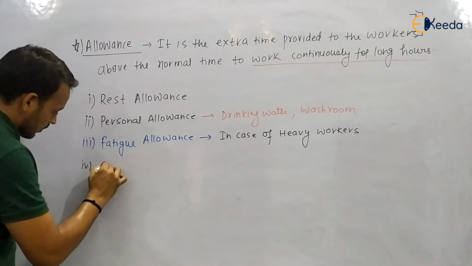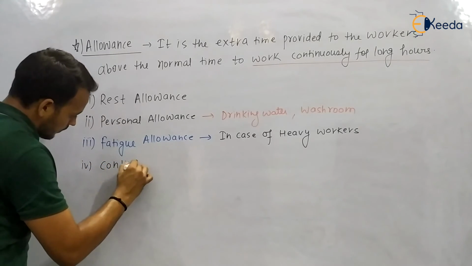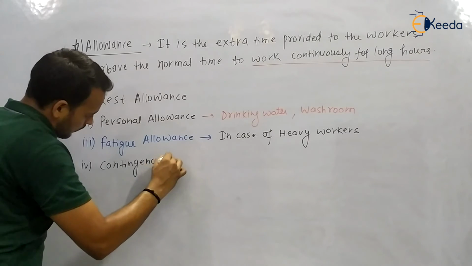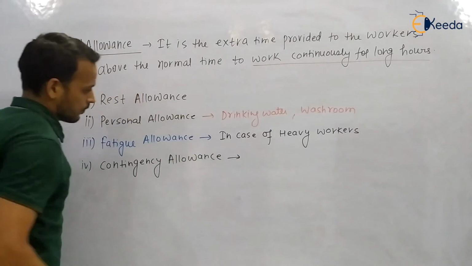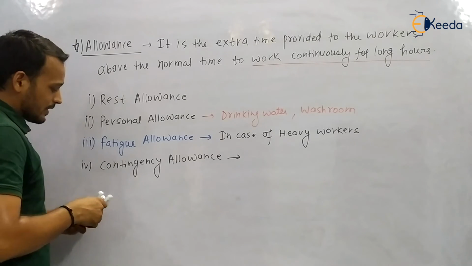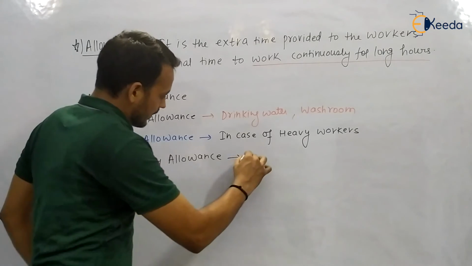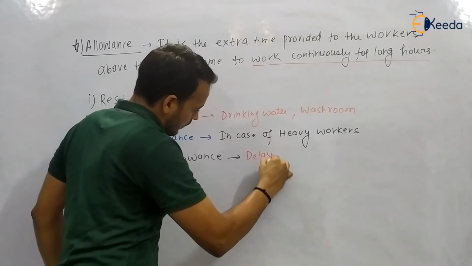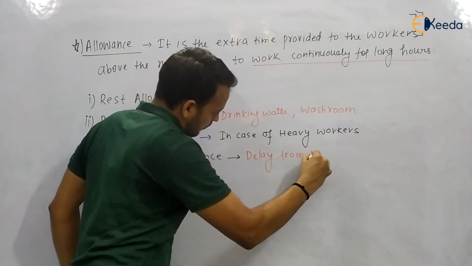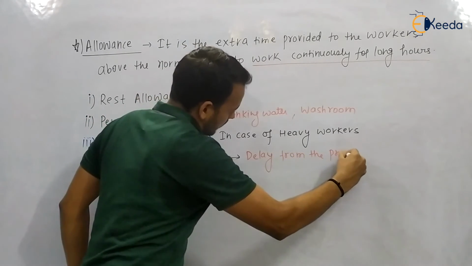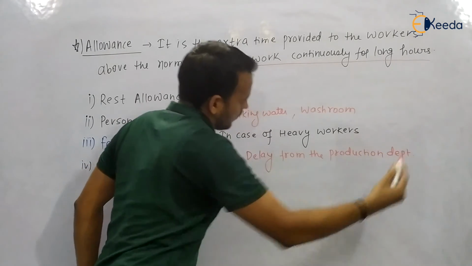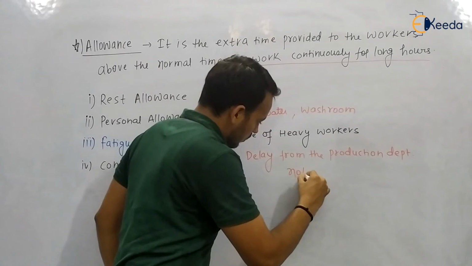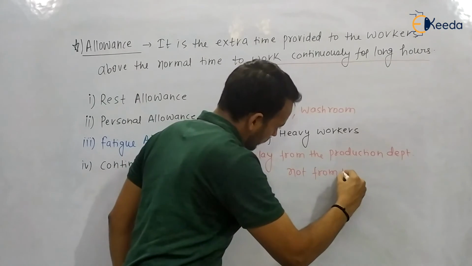The fourth one is contingency allowance. So it is basically a delay from the production department, not from the workers.